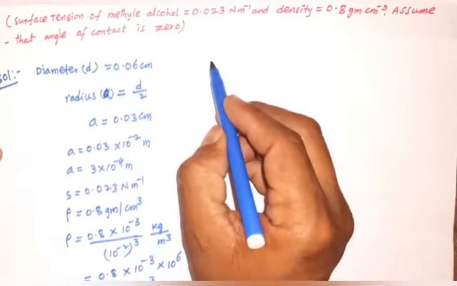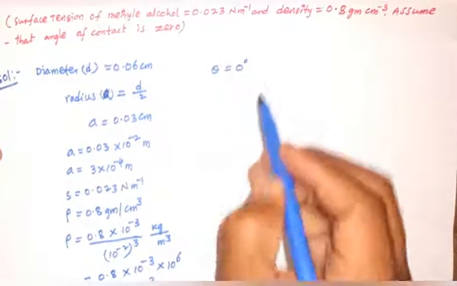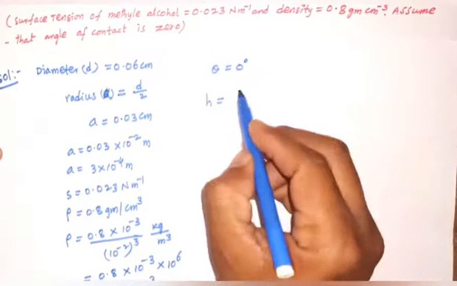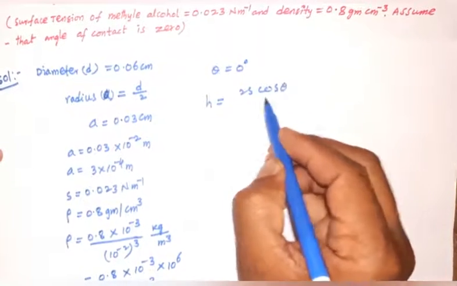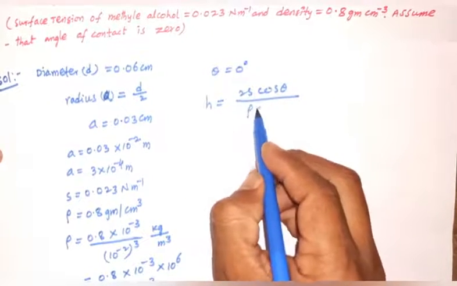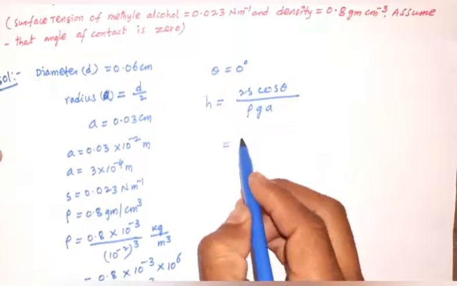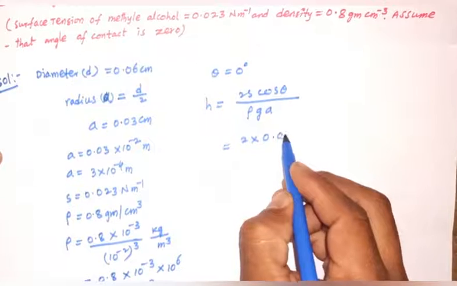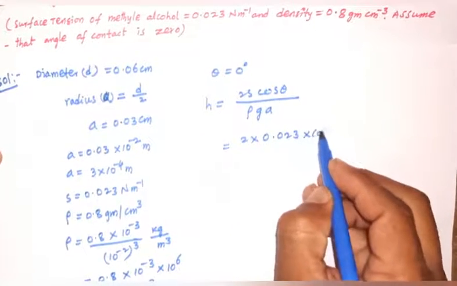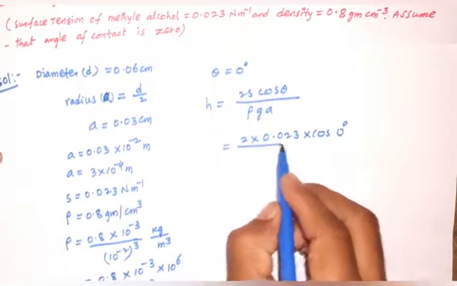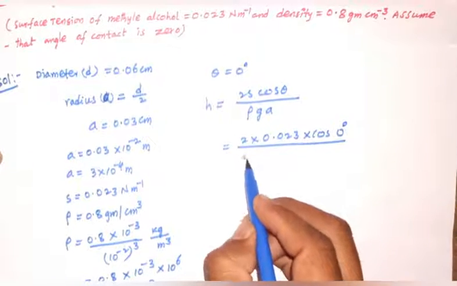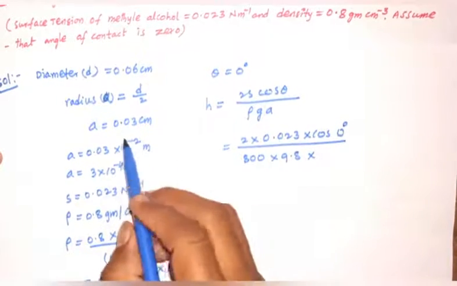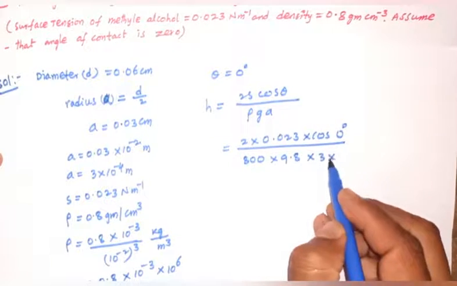Now the angle of contact theta equals 0 degrees. So what is the formula? Height h equals 2s cos theta divided by rho g a. So 2 into s equals 0.023 into cos 0 degrees, divided by rho equals 800 into g equals 9.8 into a equals 3 into 10 to the power of minus 4.